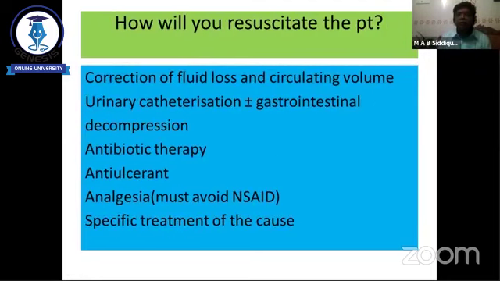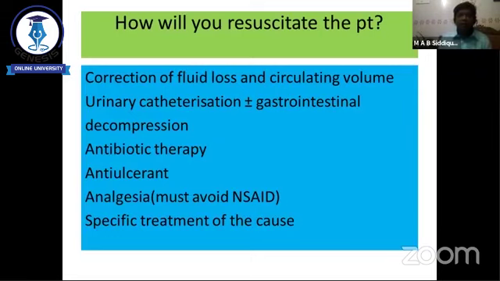How do you resuscitate the patient? You should not mention all the things, but answer in a speedy way and try to make it a short answer. Like correction of fluid loss and circulating volume, urinary catheterization, gastrointestinal decompression, which is a must.